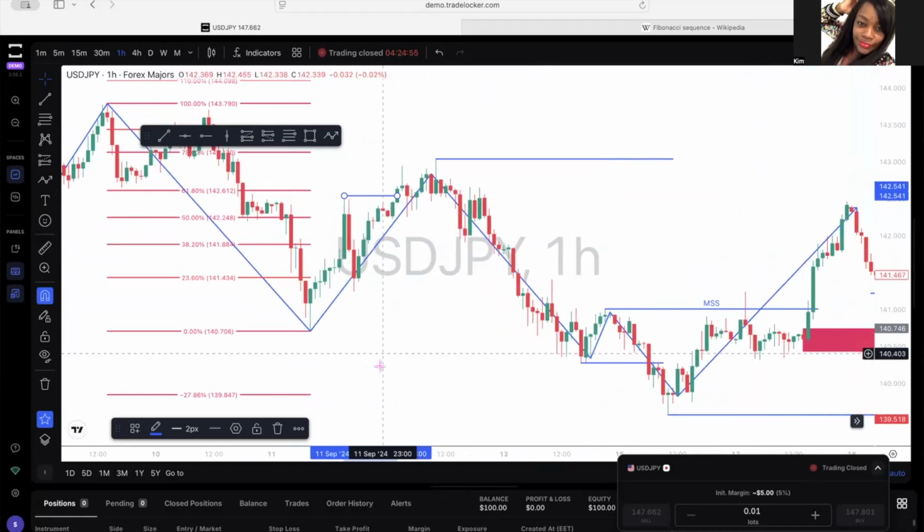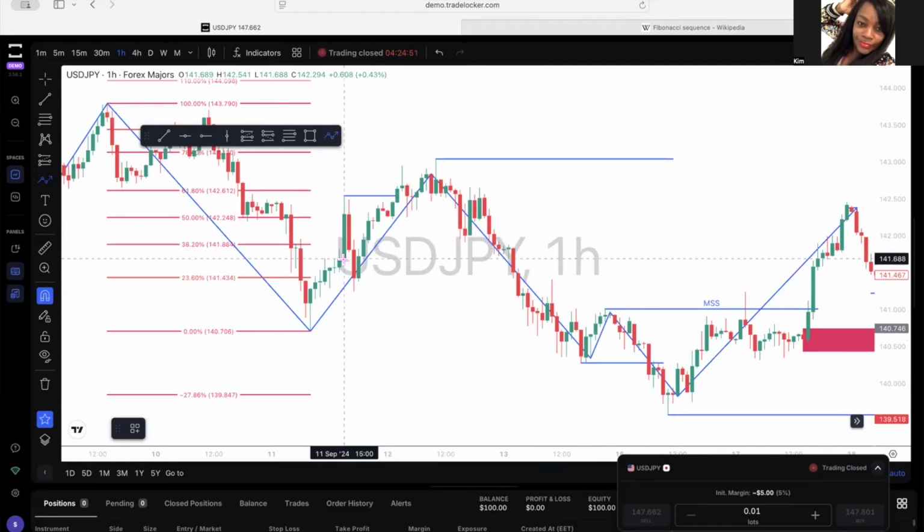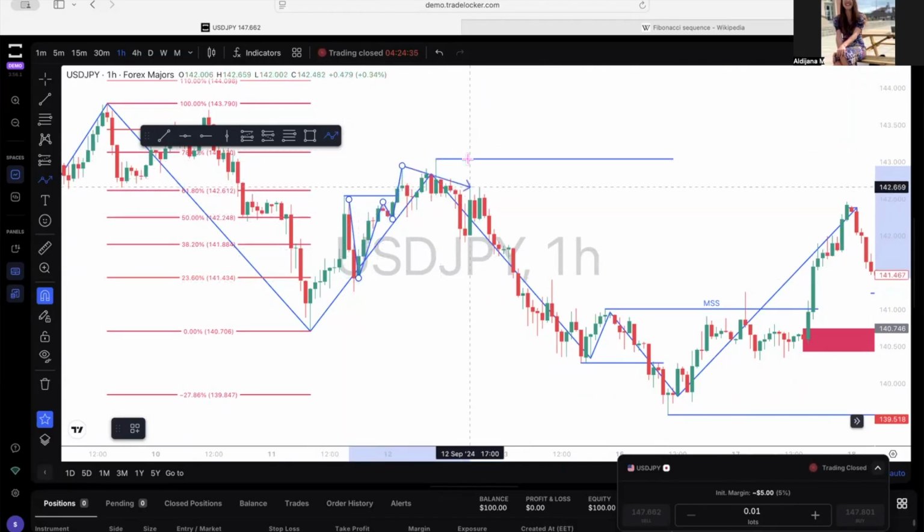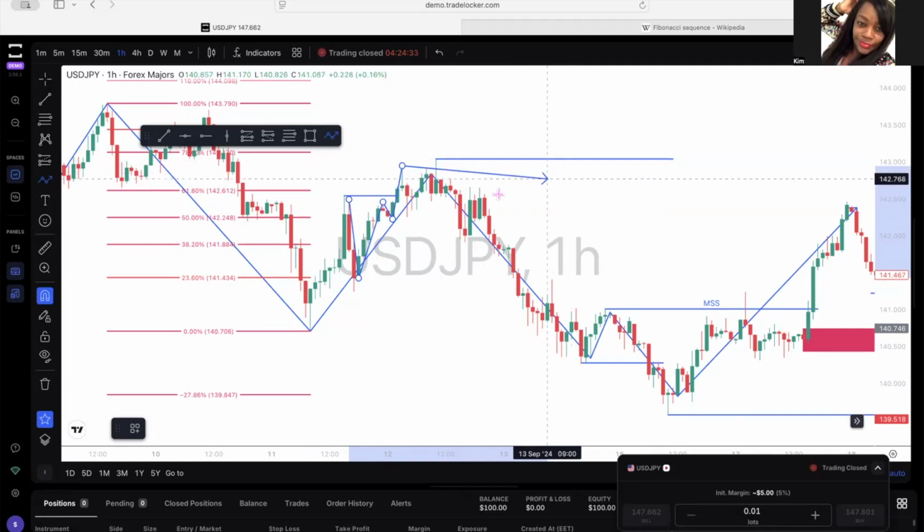But then you have this internal structure here. I'm just going here, then here, then here. That was some internal moves of this structure, right? Price did not break this high, but then price came and broke below this low.